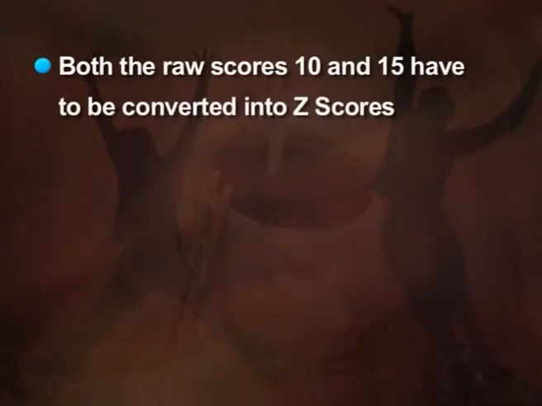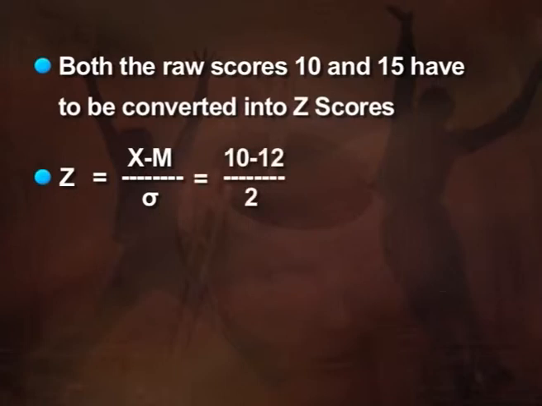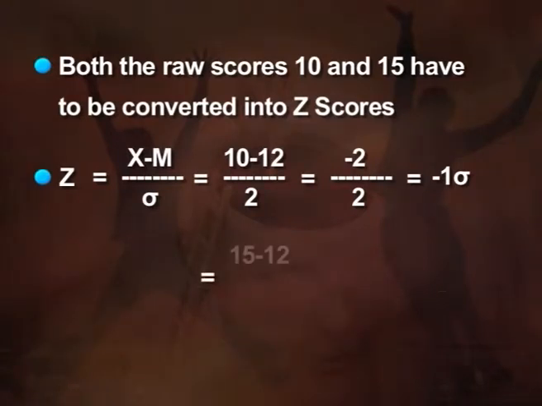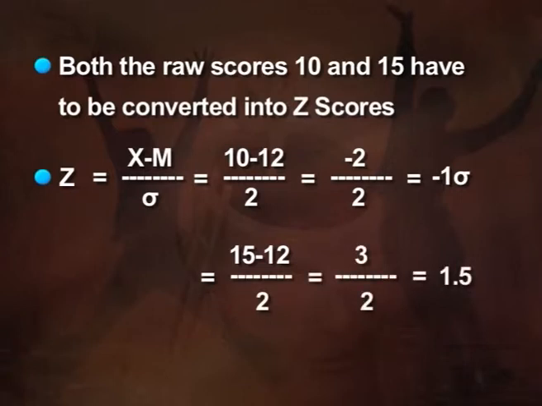Both the raw scores 10 and 15 have to be converted into Z scores first. So, we can see from the formula Z is equal to x minus m by standard deviation, that implies 10 minus 12 by 2, which further implies minus 2 by 2, and it further shows minus 1 standard deviation. Then similarly, we can see 15 minus 12 by 2 is equal to 3 by 2, which gives us 1.5.